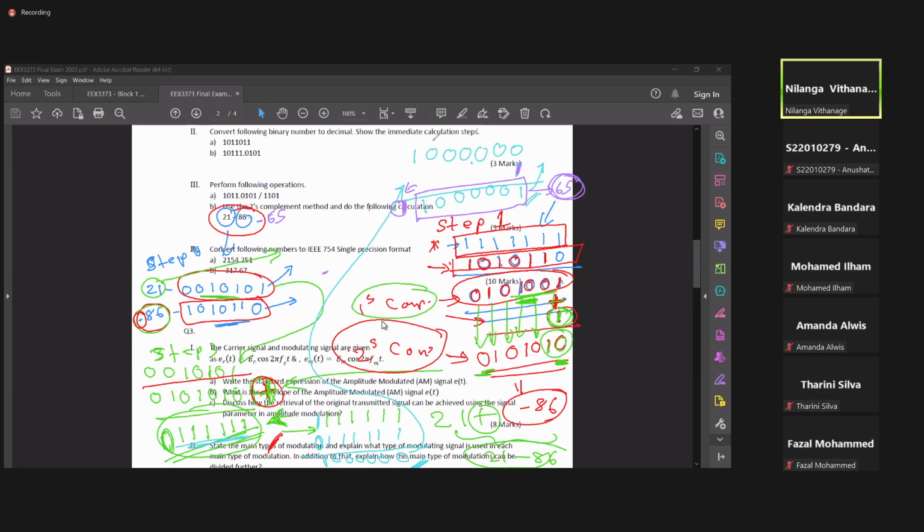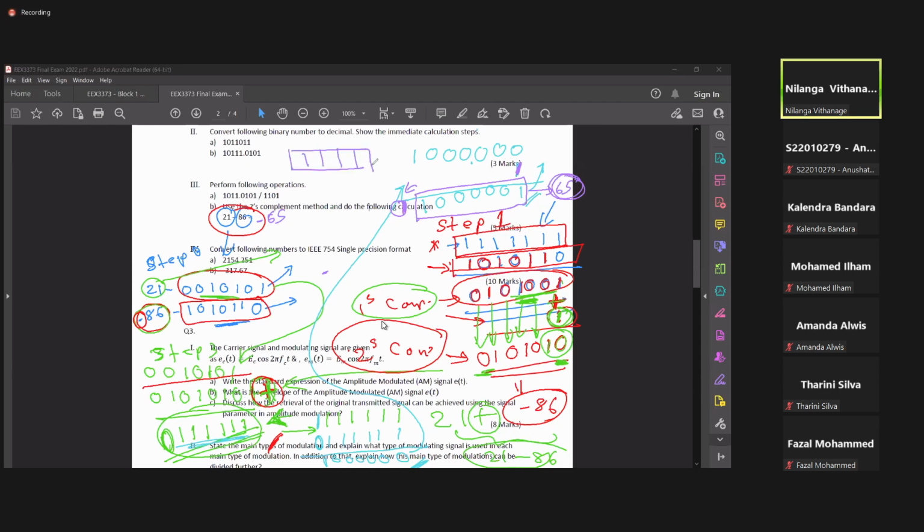Actually, the reason is I have explained this in first day school as well. When it comes to computers, the 2's complement method is used in the computer.